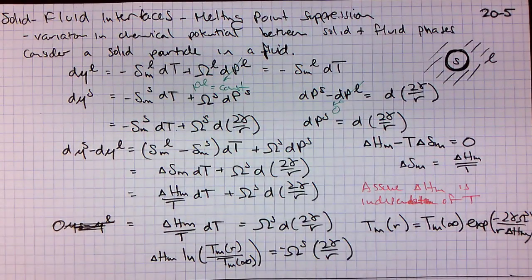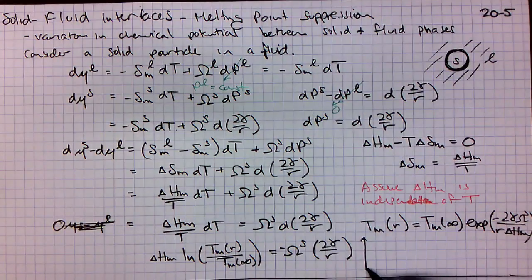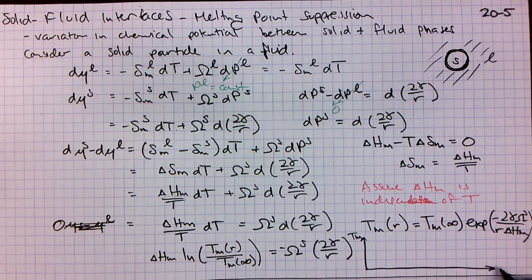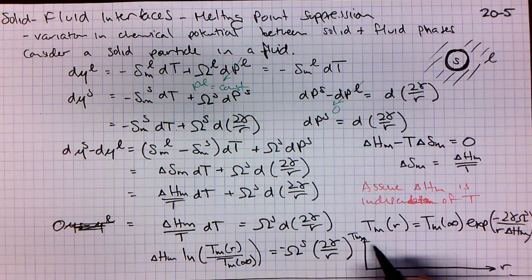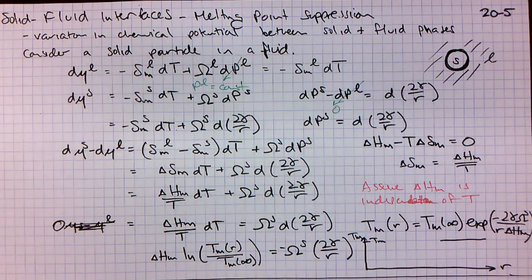So what does this mean? If we were to make a little graph of T_m as a function of r, we have the bulk melting temperature, and that applies for large radius particles.